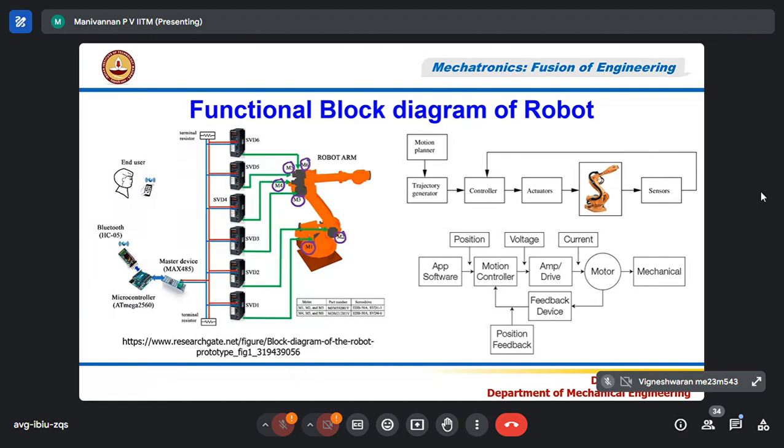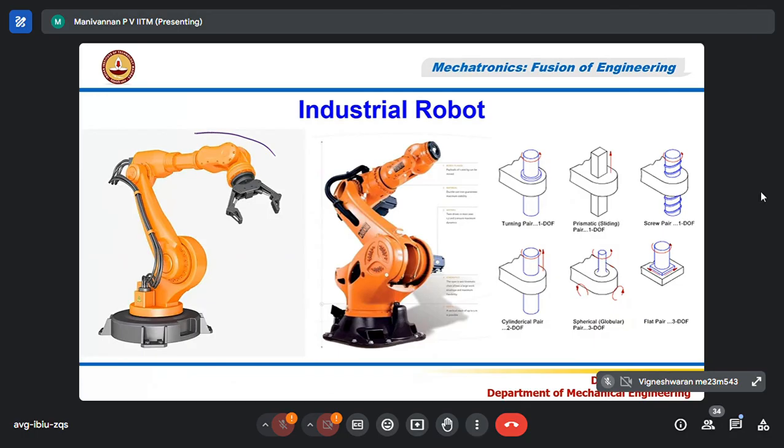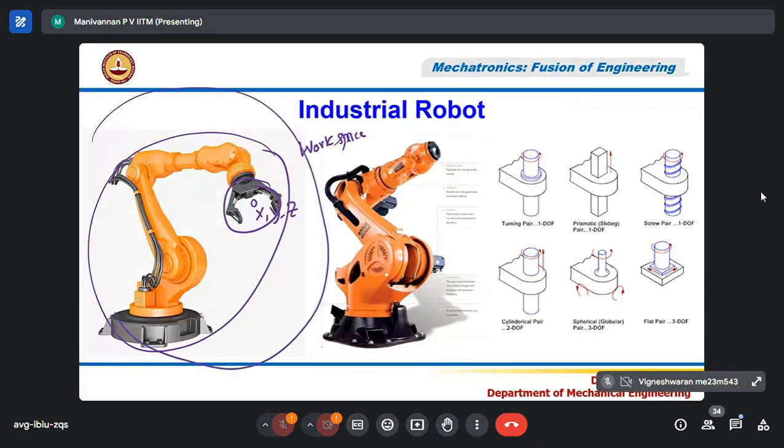So the mechanical structure provides a shape and a workspace. Workspace means where this end effector can reach. The end effector is presently at X, Y, Z in one location in three-dimensional space, correct?